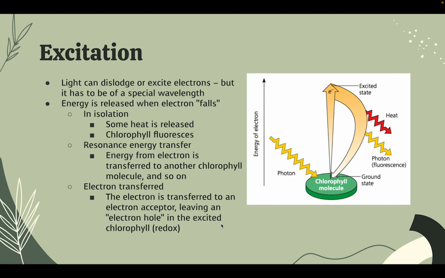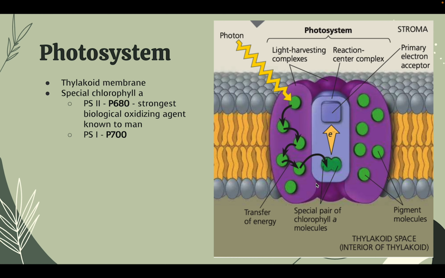That leaves an electron hole in the excited chlorophyll. It's called an electron hole because it's missing an electron, and that's really just a redox reaction because there's a transfer of an electron. Here's a diagram showing that.